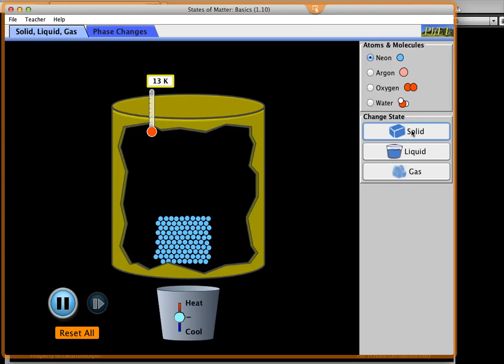Let's look at this solid here. Clearly, you can see there are a lot of particles, so there is a lot of motion. As we saw, the more the particles, the greater the amount of motion. That should be fairly obvious. Now, the more vigorous the motion of the particles, what does that mean?